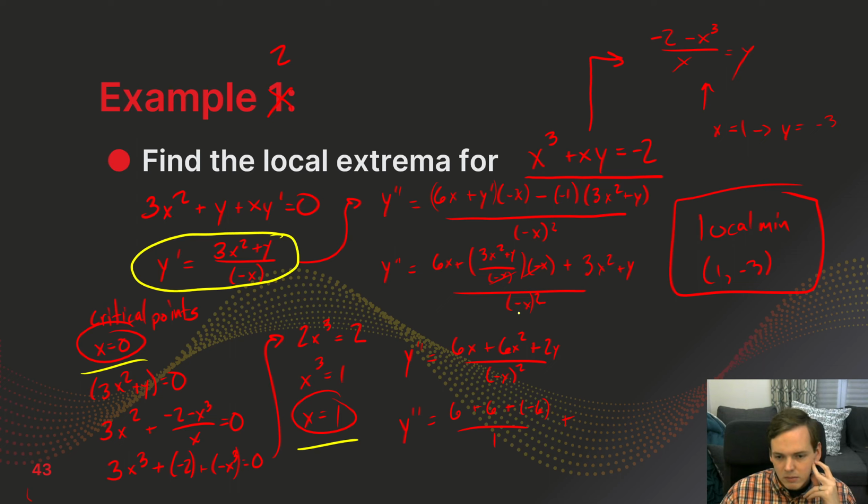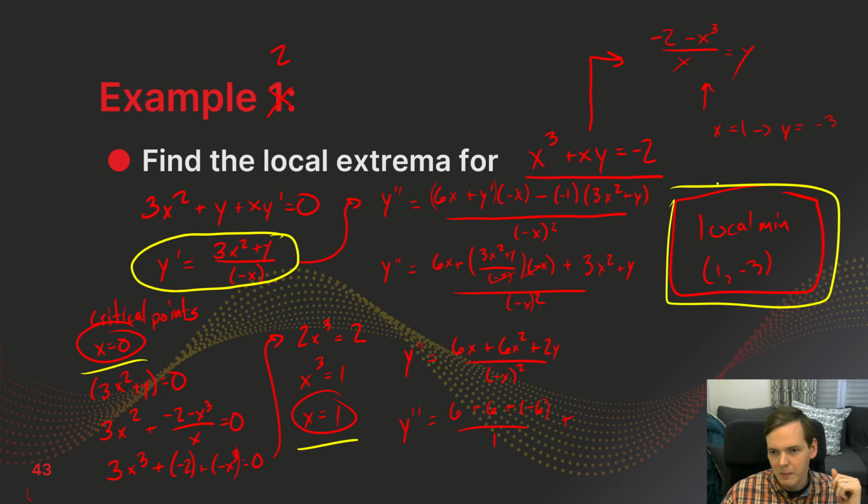And then, either use the first or second derivative test to evaluate and look for local minimum or maximum. The only difference here is you will have to solve for the y value that goes with a given x value from time to time. So that's what we do with implicit relations.